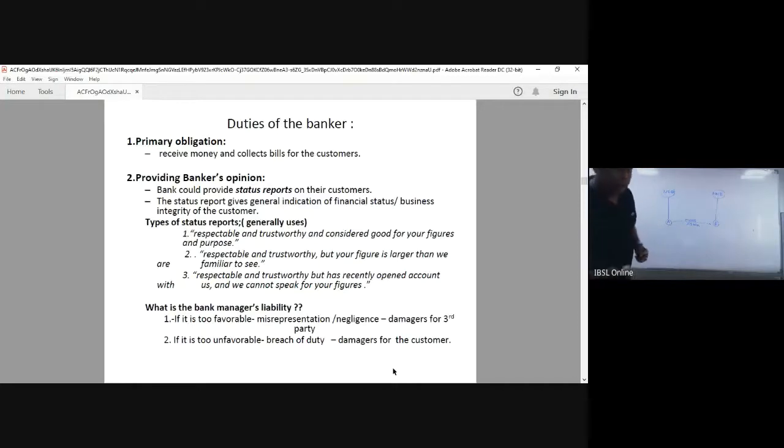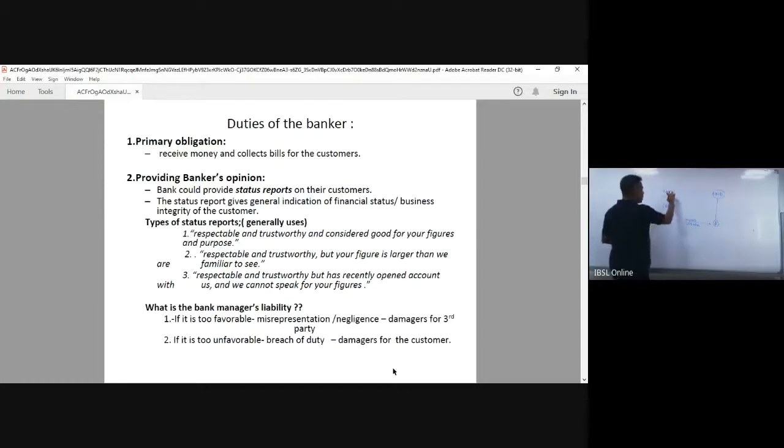How? Now you see, between NDB and A, there is a banker-customer relationship. Under the banker-customer relationship, NDB has a duty to give a banker's opinion or to obtain a banker's opinion. So A can request his bank to get a banker's opinion.